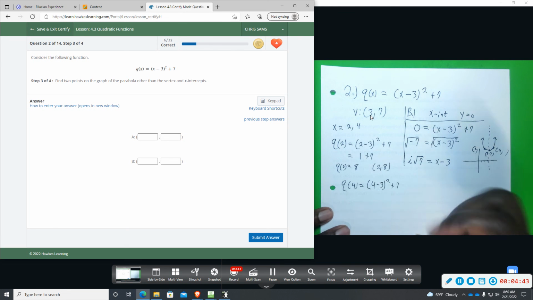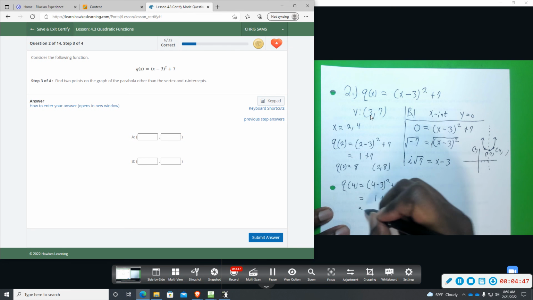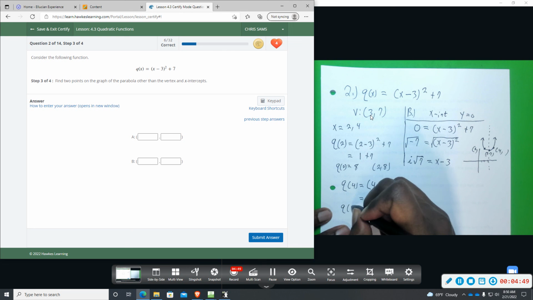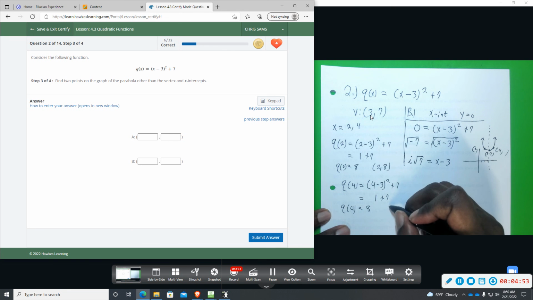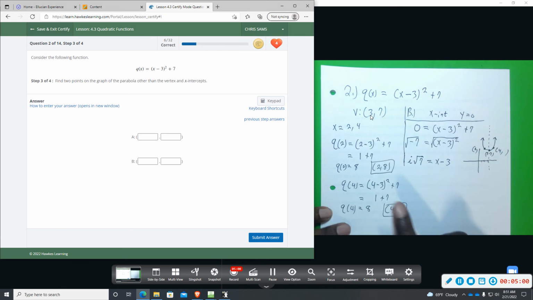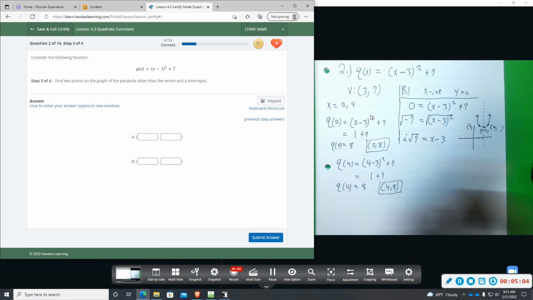When you square that, you still get a positive 1 plus 7, and then you end up getting q of 4 equals 8, and so you get the ordered pair 4, 8 because of that symmetric property. So that's easier. You can just find 1 point, plug in one number and you get the other one for free. So 2, 8, and 4, 8.